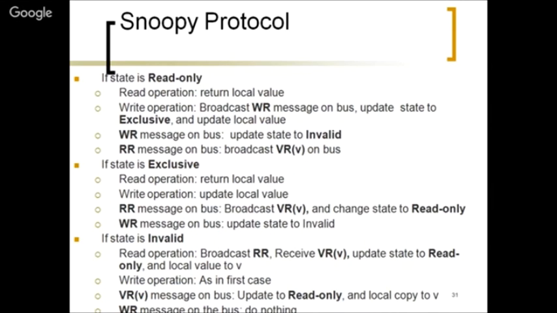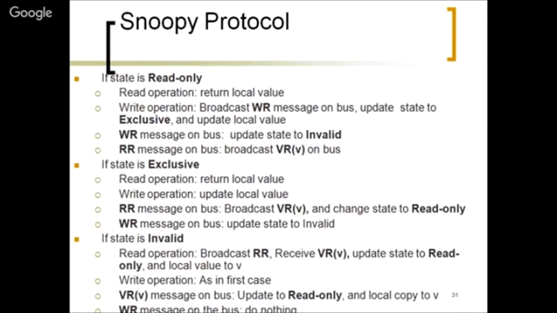Once my write is complete, I must give a chance to the remaining processors to write or modify it. If I want to read only, the message on the bus should broadcast the value, and the value response should be there. So RR is always followed by VR. That is, a read request is always followed by the value response.